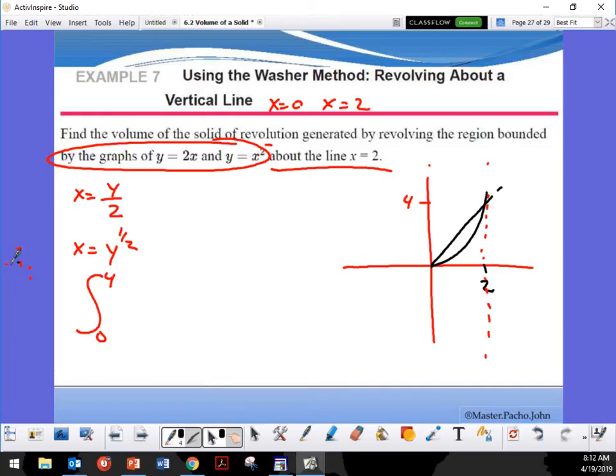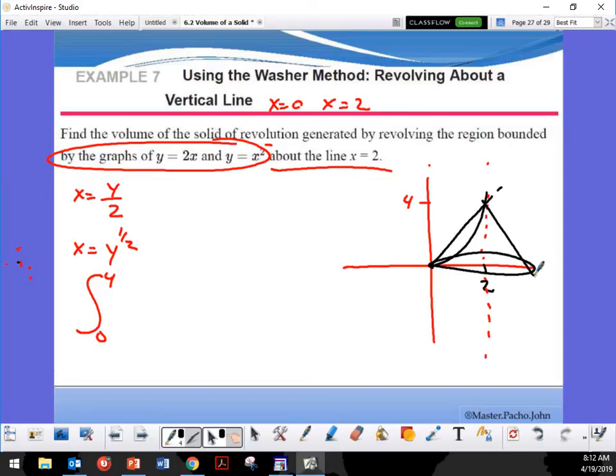Okay, so as I'm rotating this around here, it's going to look something like this. So it's rotating this way, so this is going to be my three-dimensional shape. So my radius, okay, that's the reason why I wanted you guys to draw this all the time. My radius should start from where?